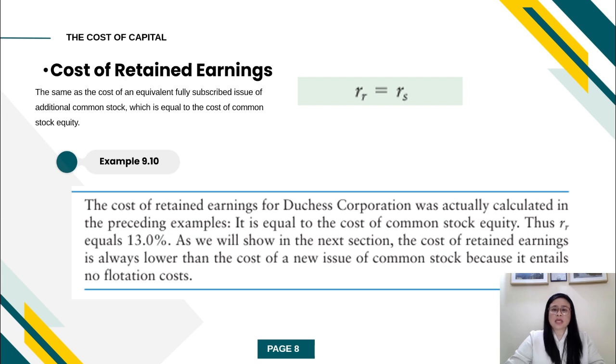The cost of retained earnings is essentially the opportunity cost of using your savings to grow your business instead of investing it elsewhere. What could you have earned if you'd put that money in a savings account or invested it in the stock market? That potential return is the cost of using your own money.